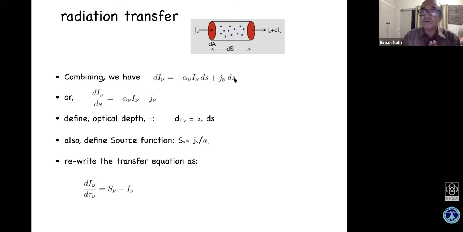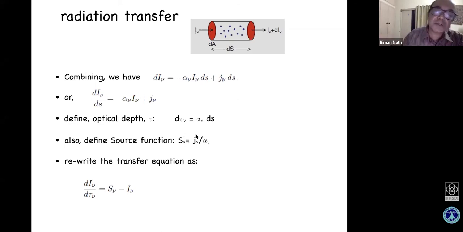Small s I'm going to reserve only for the length along the ray of light. Capital S nu I'm going to define as the ratio between the emissivity and the absorption coefficient. I'm going to call it a source function. And I'm sure it's ringing a bell in your mind, because this is going to look like Kirchhoff's law, the emissivity and absorption coefficient, and we're going there.